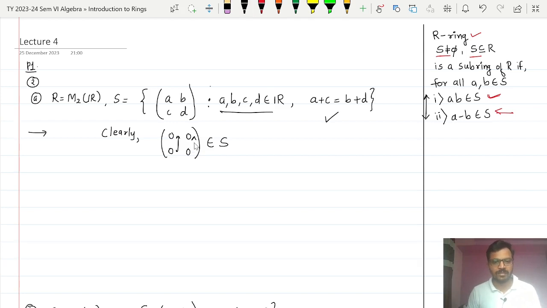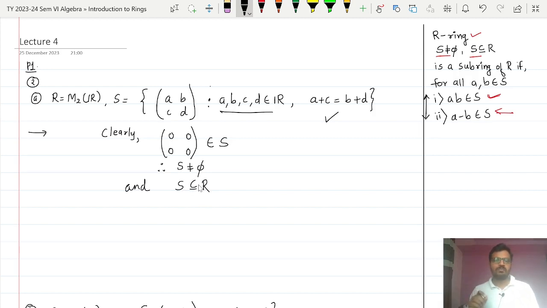Both are equal, and therefore this belongs to S, and we conclude that S is non-empty. There is no issue for the subset; this S is a subset of R.